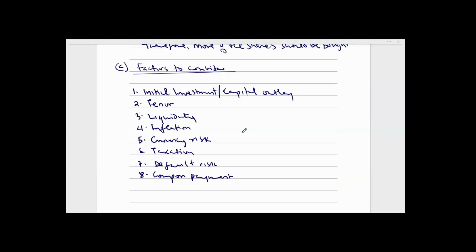For example, if you have ₦1 million that you want to invest in treasury bill, when you make that investment, immediately you are going to get your return, just like interest. Then your capital will be paid back to your account after the tenure. That's how it works.